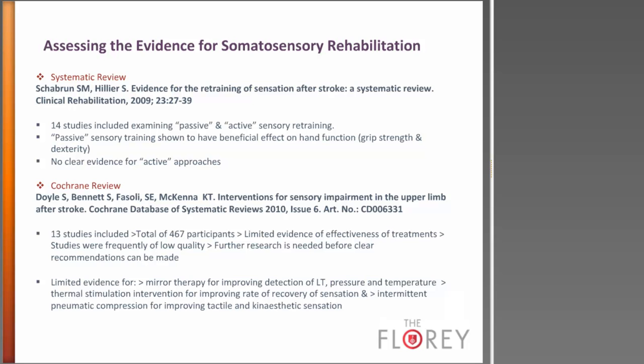But they did state that there was some limited evidence for mirror therapy for improving the detection of light touch, pressure and temperature, and that there was some suggestion that thermal stimulation intervention could improve the rate of recovery of sensation, and that perhaps intermittent pneumatic compression for improving tactile and kinesthetic sensation could be effective also, but really pointed to the need for additional research in the area.